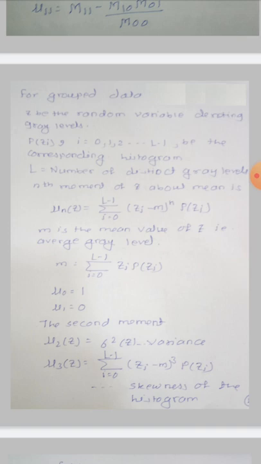Here we are always getting mu0 equal to 1 and mu1 equal to 0. The second moment, that is the variance, is of particular importance in texture description.